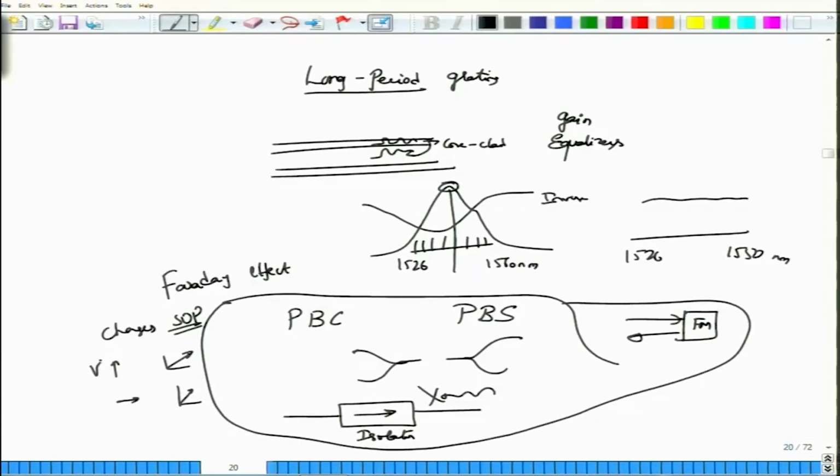So you started off with a vertical polarization, you got a 45 degree polarization, but when you take the same 45 degree polarization and pass it through the device in the backward direction, it turns out to be a horizontal polarization. Which means that the state of polarization rotates only in a given direction, it does not change the direction. So these are all the different WDM components.